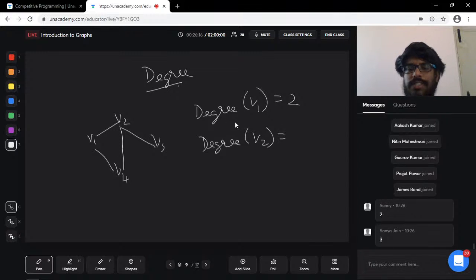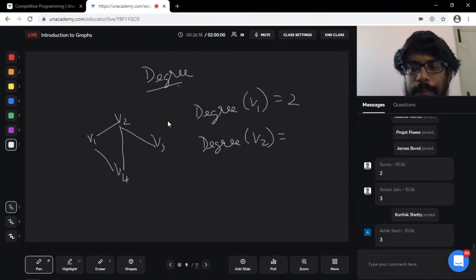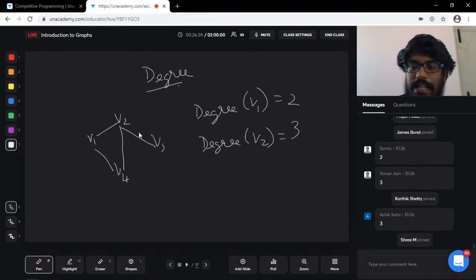Correct. Degree, as we said, is the number of edges connected to V2, right? So there is V2. How many edges are there? This is one edge, this is another edge, this is third edge. So there are 3 edges incident on V2. In other words, how many other vertices are connected to this? V1 is connected to V2, V4 is connected to V2, V3 is connected to V2, all directly connected, right? So the degree of V2 is 3.